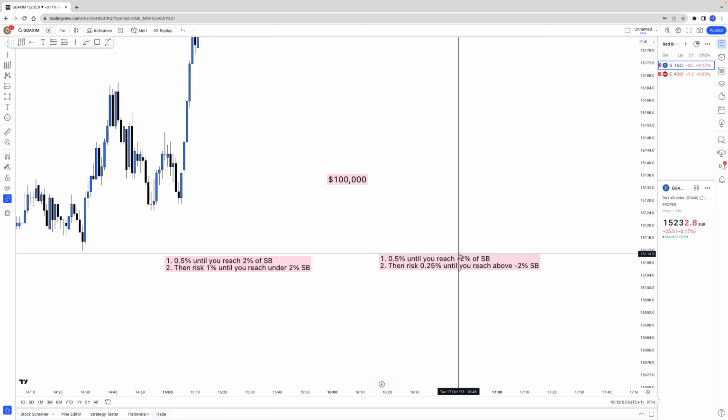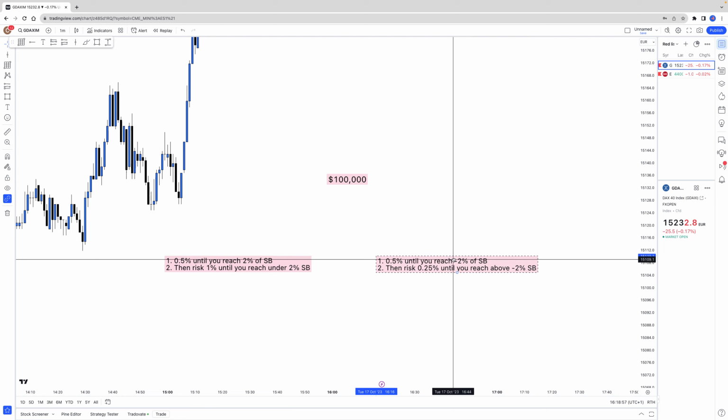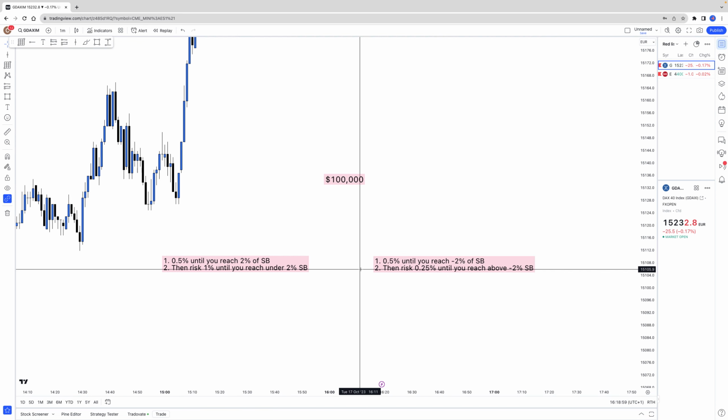The next time you trade, just let me know how you find this, because you'll see that some people will be at negative 5% and keep risking 1%. If you're at negative 5%, yeah, I'm talking to you, bro. You literally have three chances at 1% risk until you're gone.